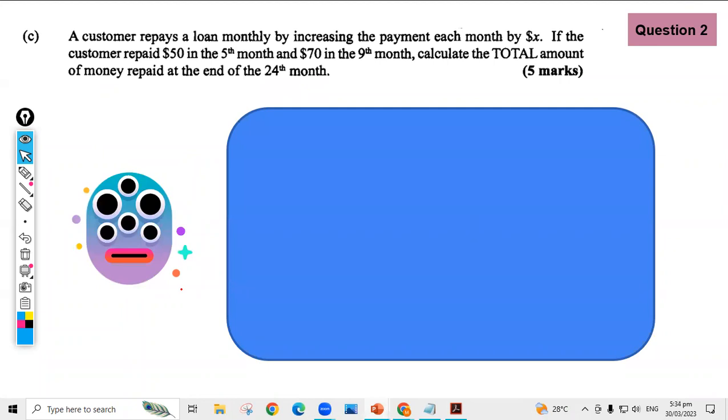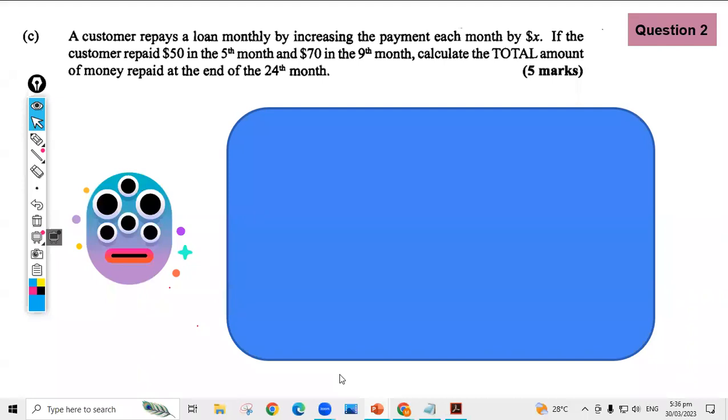So this one here, it's going to boil down to either an AP or a GP. Try to figure out whether it's an AP or a GP first. This here is an AP because each month it's increasing by how much?